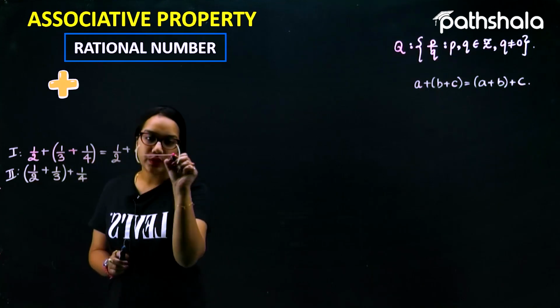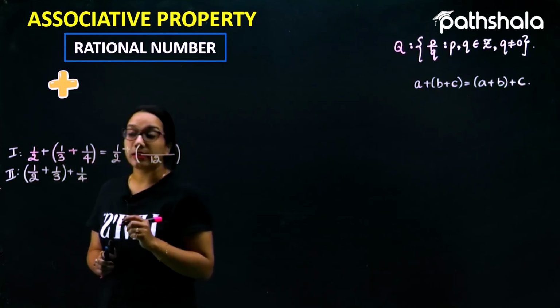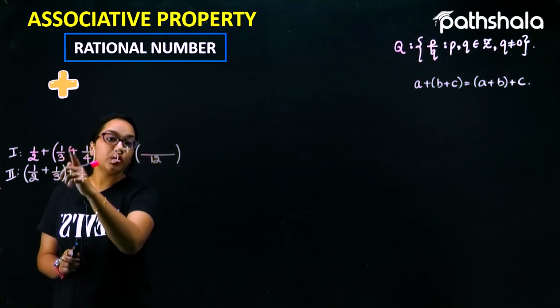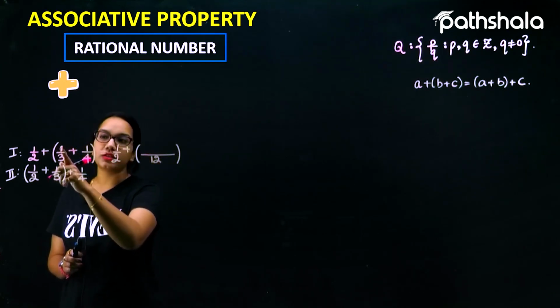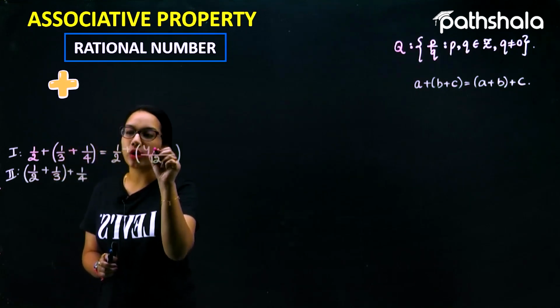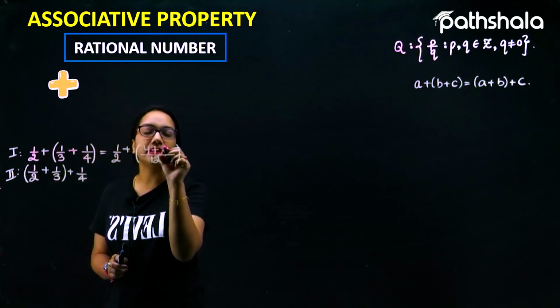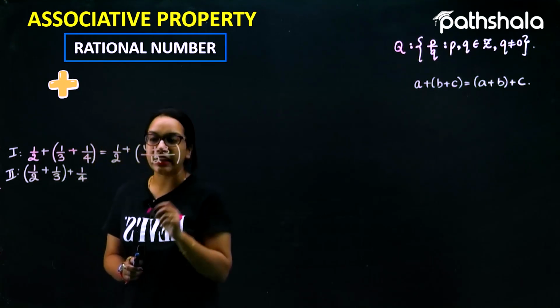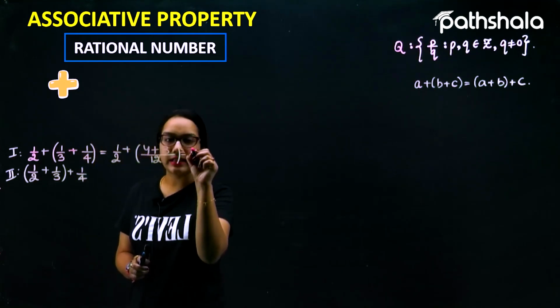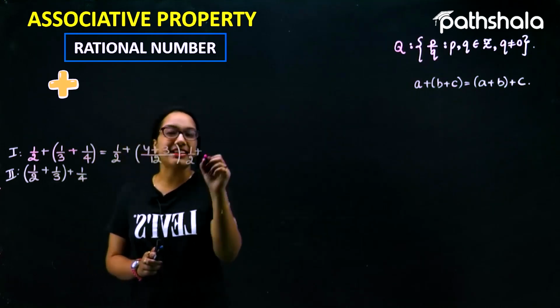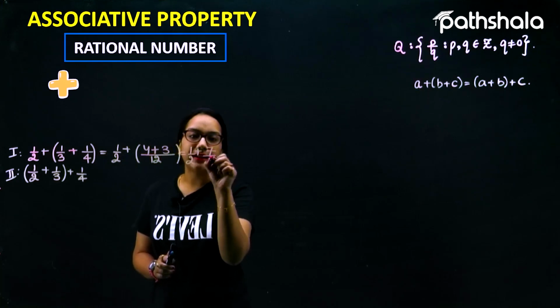So 3 4s are 12, so 4 gets multiplied with the numerator. 4 into 1 is 4, plus 4 3s are 12, so 3 gets multiplied with the numerator, that is 3 into 1, which is 3. After solving this, I'll get half plus 4 plus 3, which is 7, so this is 7 divided by 12.